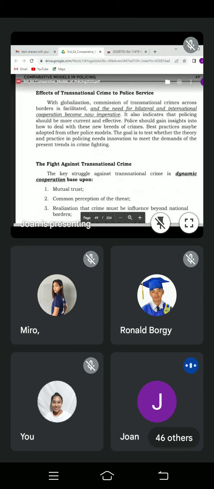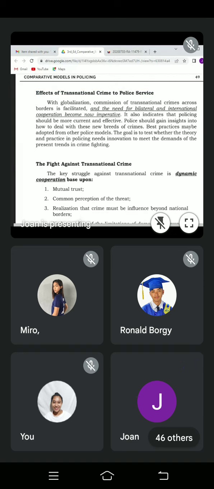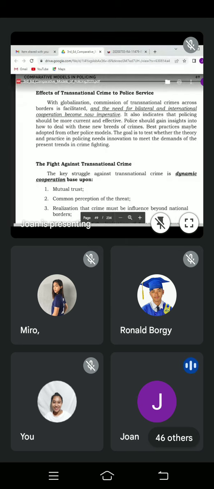Now, the effect of transnational crime on police service. The police are not ready for this kind of crime. Because it's transnational crime, meaning this crime can be committed everywhere. If it happened here and is happening in other countries, how do we investigate?